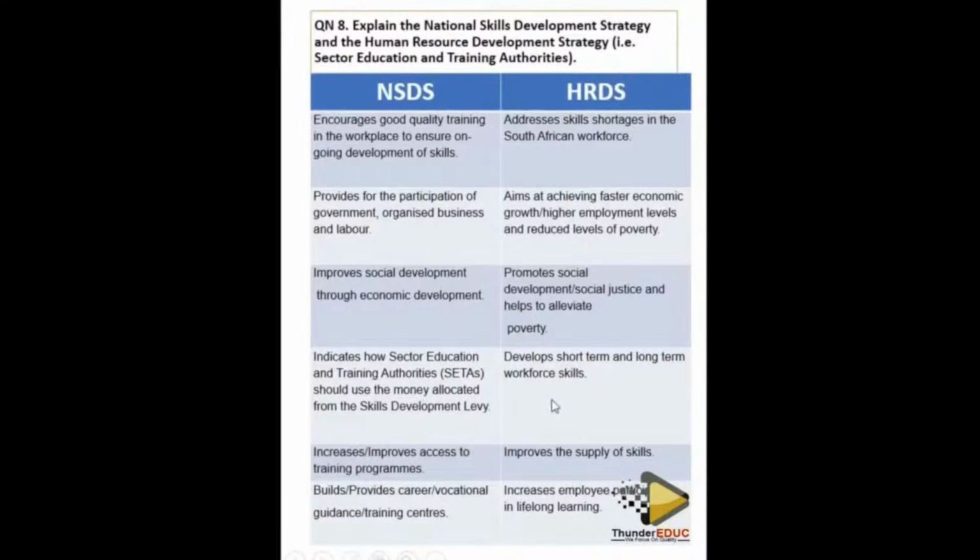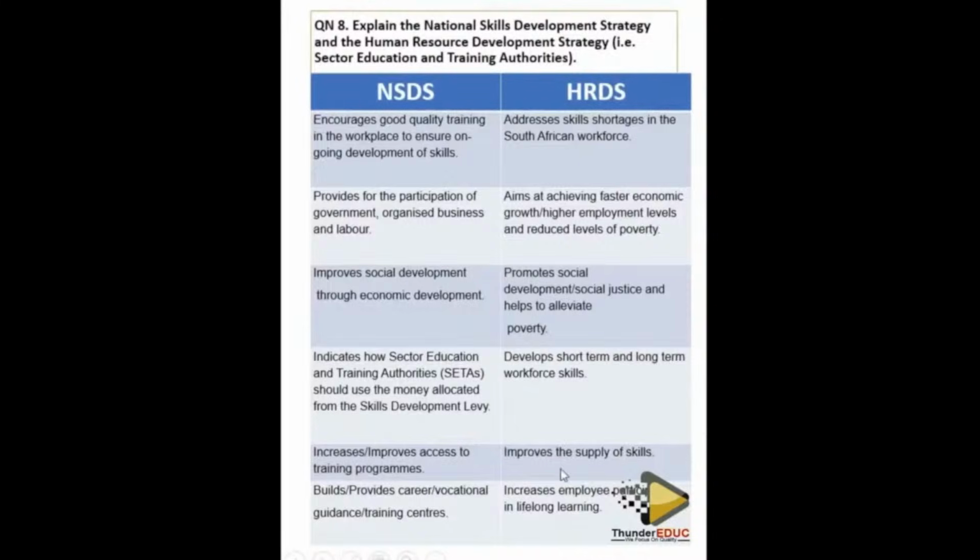Moving on, NSDS improves access to training programs, while HRDS improves the supply of skills. NSDS checks whether people are able to access the training, and whether those who qualify to take part in the training actually do take part.